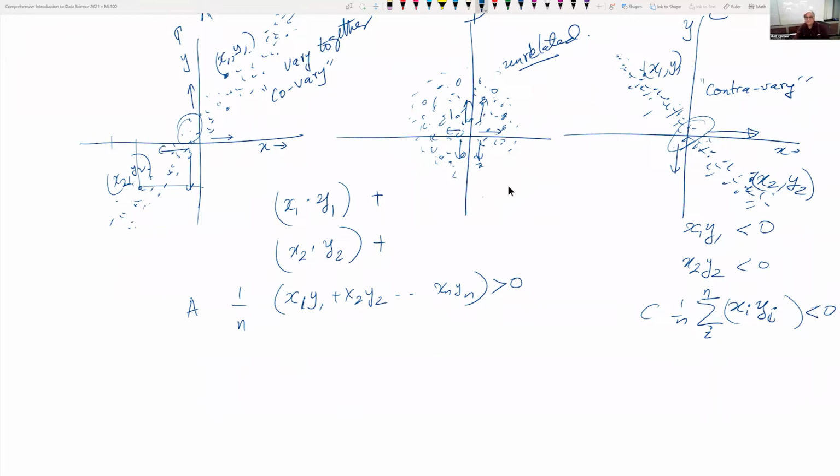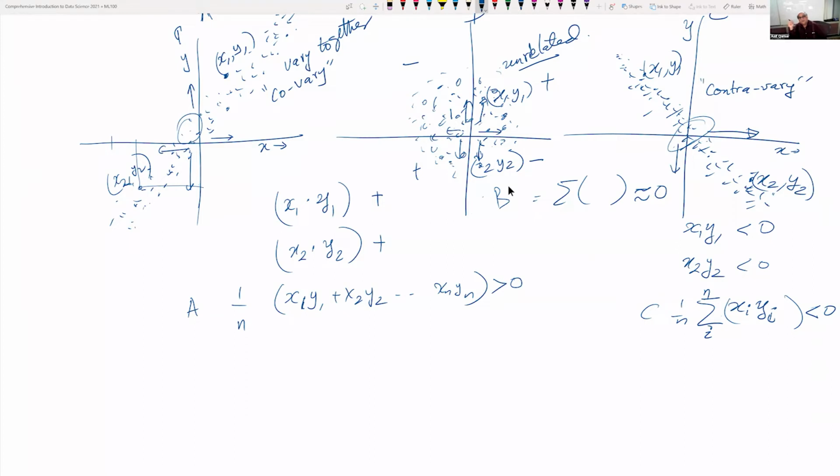And for B, you would expect this summation to be approximately 0, because for every positive point, there is a negative point. If there is an x1, y1 here, there is an x2, y2 here. This is positive, this is negative. They seem to be an equal number of points in each of the quadrants, right?